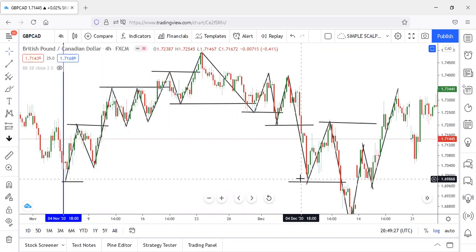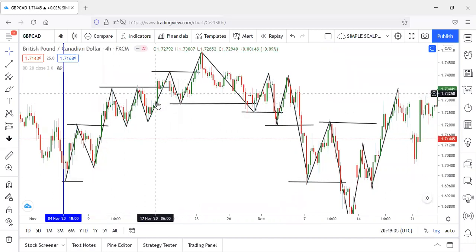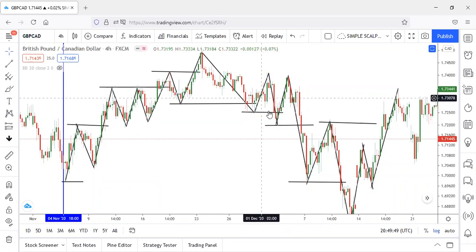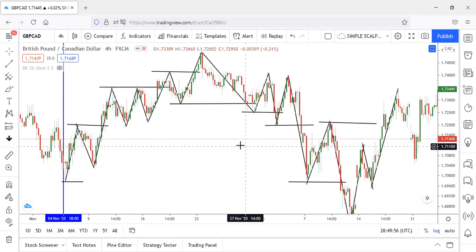So next week, we're going to talk about how to look for an entry with this, how to look for an entry within a pullback. We're going to talk about how to pick a trade through either Fibonacci or any other means that we can adopt to take a trade.